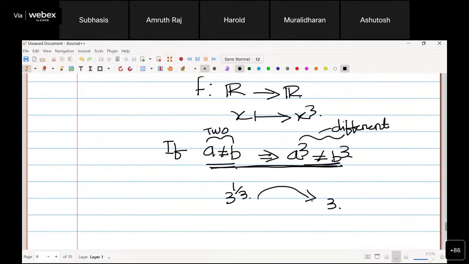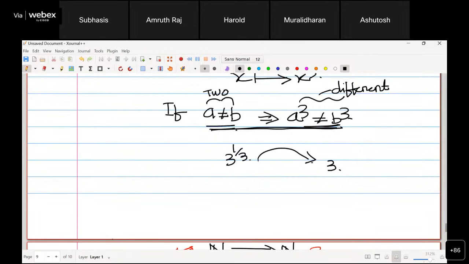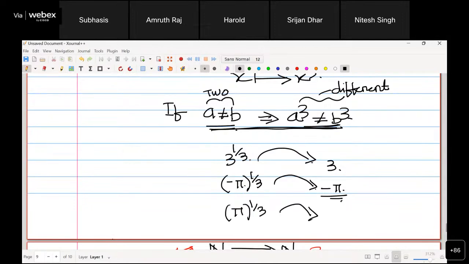If I take minus pi power 1 by 3, which is a real number, I will get minus pi. If I take pi power 1 by 3, then I will get pi.